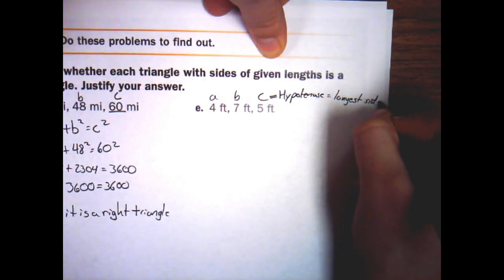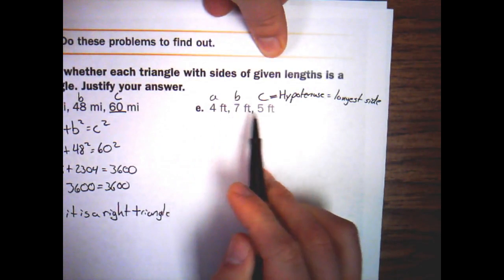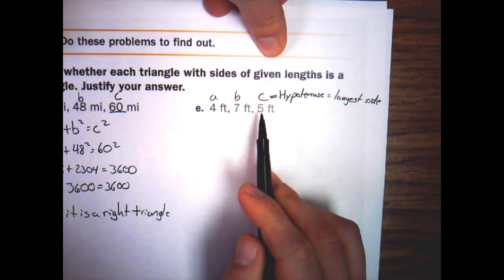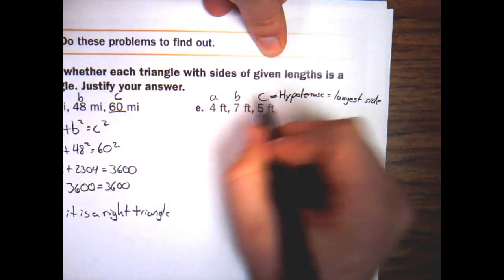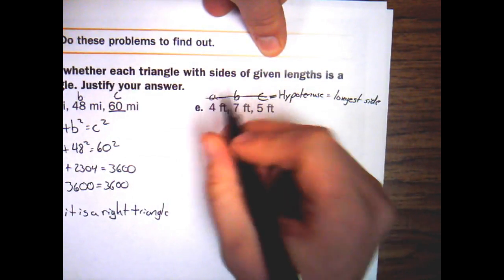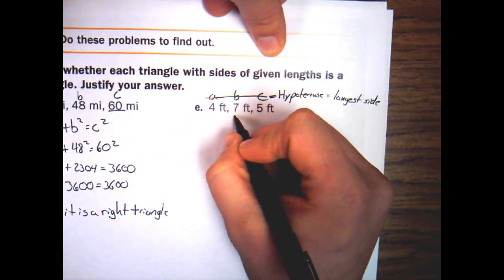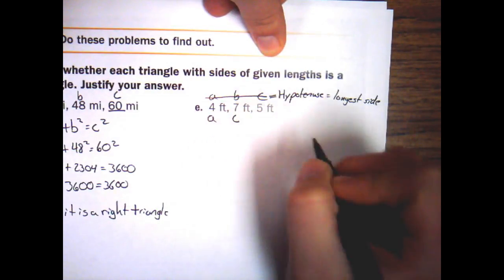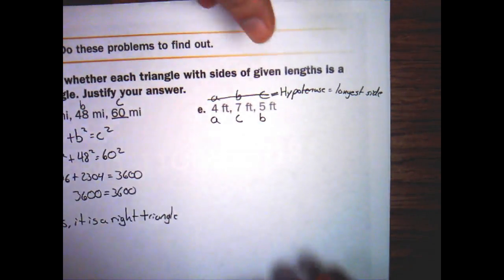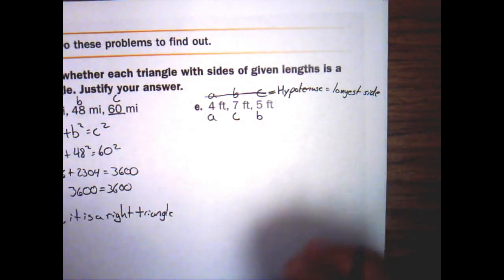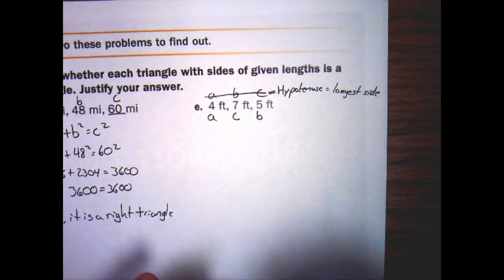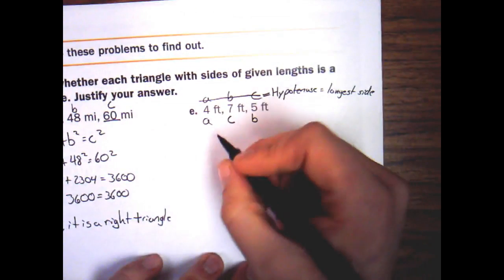Well, if we have the side lengths of 4, 7, and 5, is 5 the longest side? No, it is not. 7 is. So these are wrong. This should be C. And we can let that one be A and that one be B. So make sure you look at the lengths of your triangle before you label them and plug them in. The longest one always has to go in for C.